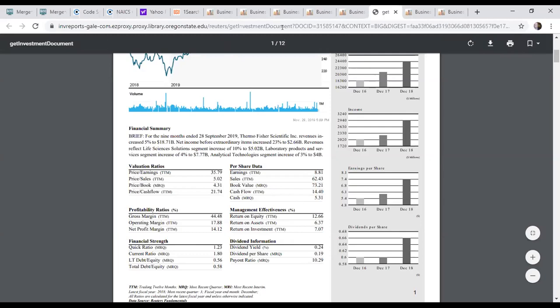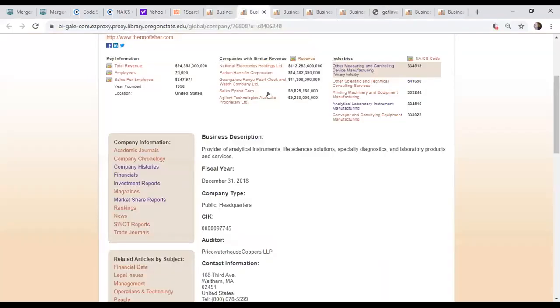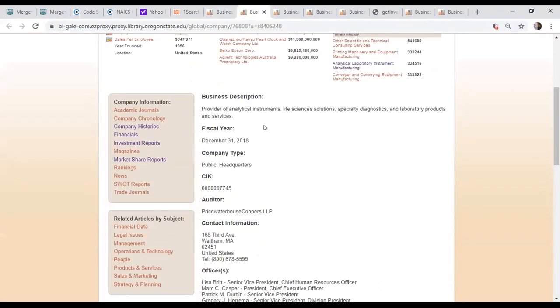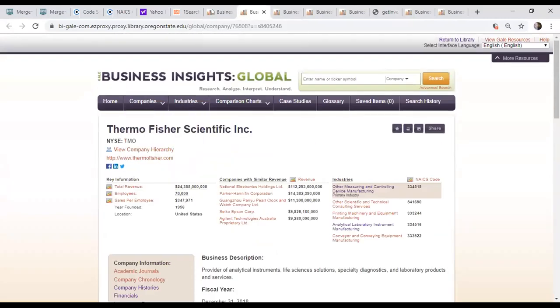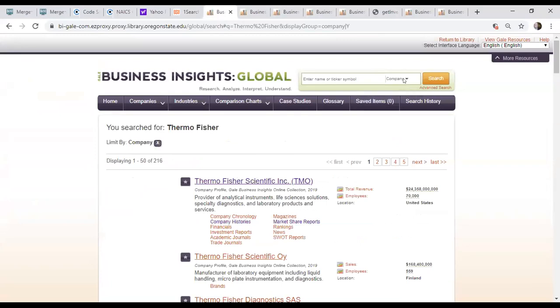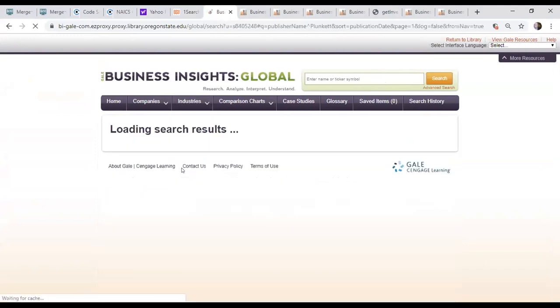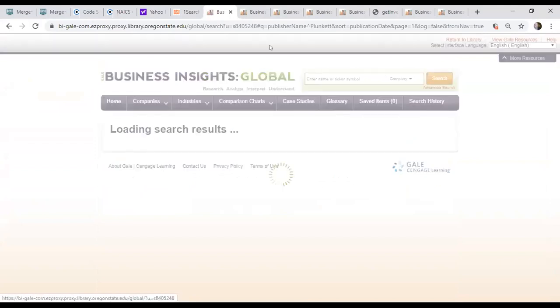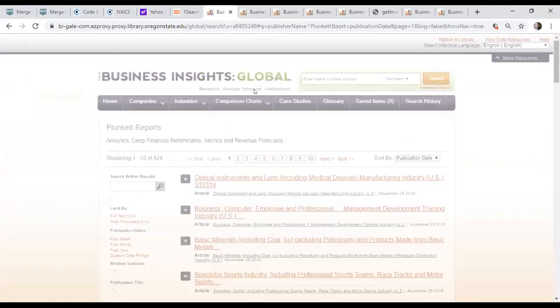So then to look at the industry as a whole, depending on, again, what resources you have, you can actually take those NAICS codes that we found, and one of the tools that I used in this summer's research was a Plunkett report, which again is from Global Business Insights.